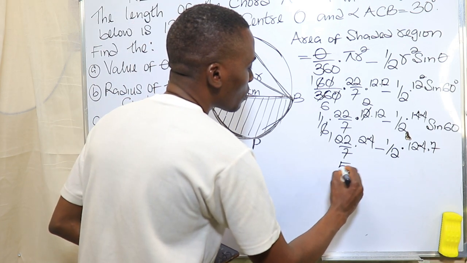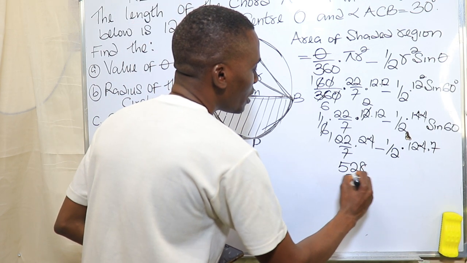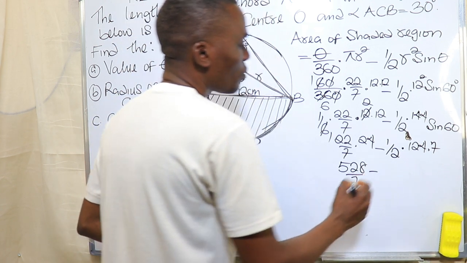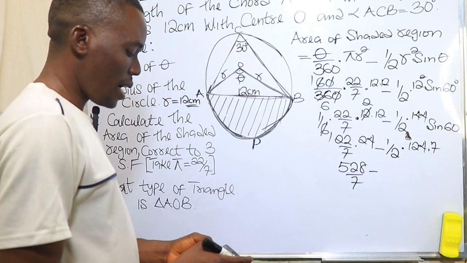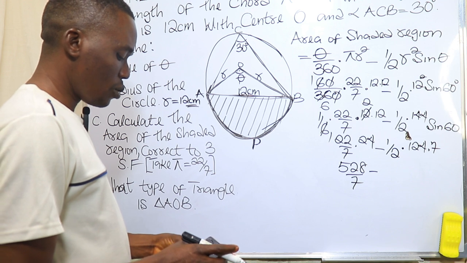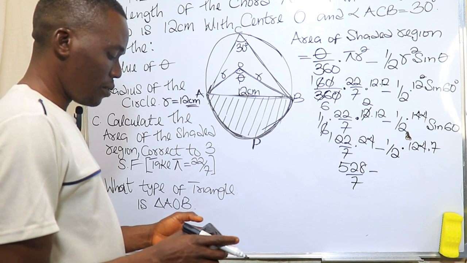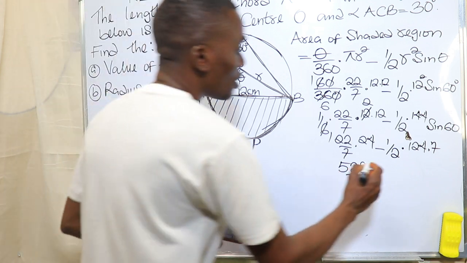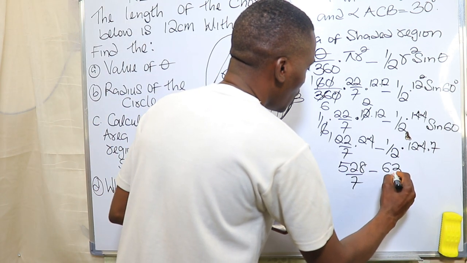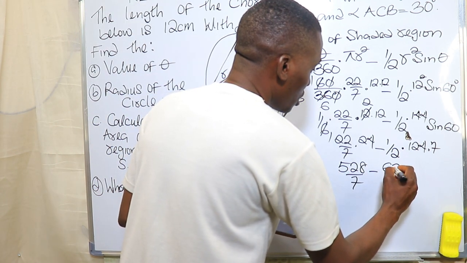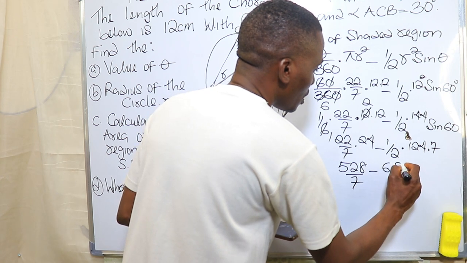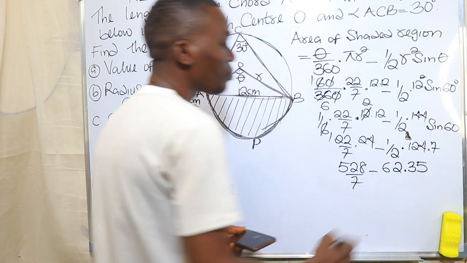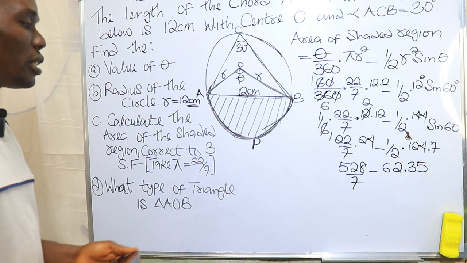This is going to give us 528 divided by 7, right? Minus 124.7 divided by 2, which is going to give us 62.35, right? So we'll have 62.35.